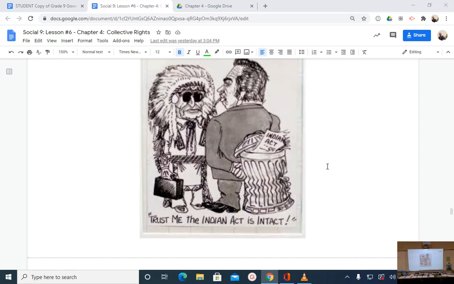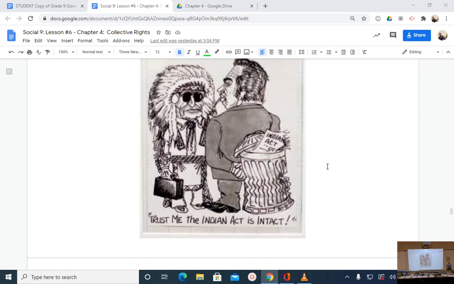Trust me, the Indian Act is intact. So anytime that there's words on the page, that should help us to try to figure out, okay, what's the theme here? And then we have to look at the characterization, the characters, the relationship shown.